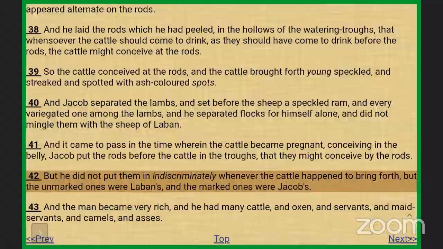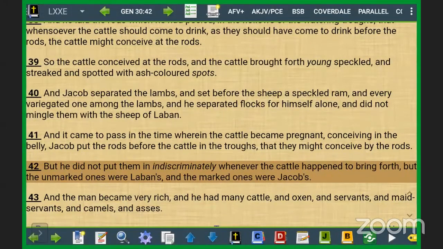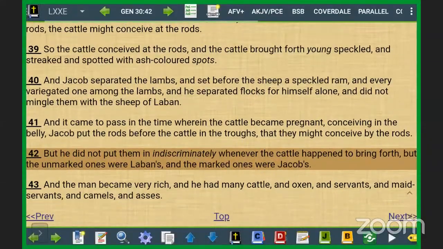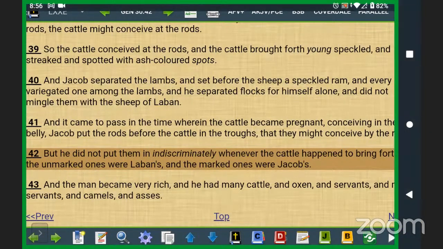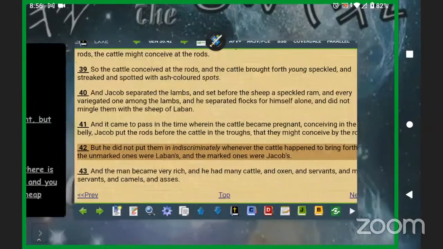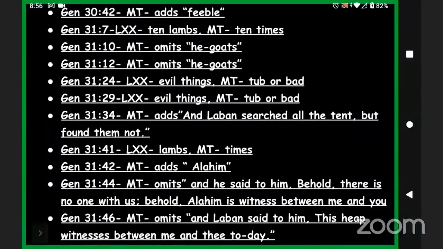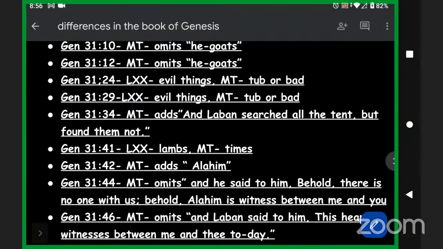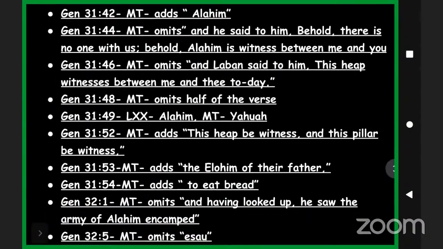The Septuagint says, "But he did not put them in whenever the cattle happened to bring forth, but the unmarked ones were Laban's and the marked ones were Jacob's." I could see siding with the Masoretic text that the word feeble might be necessary in that verse to give the distinction, but I could kind of figure that marked and unmarked would be ones that are stronger versus weaker. I could still get that understanding. So I don't really have too much opinion on which one should be right or wrong.